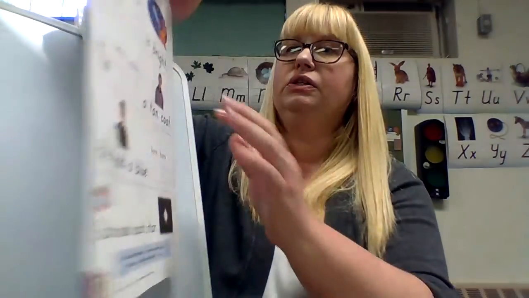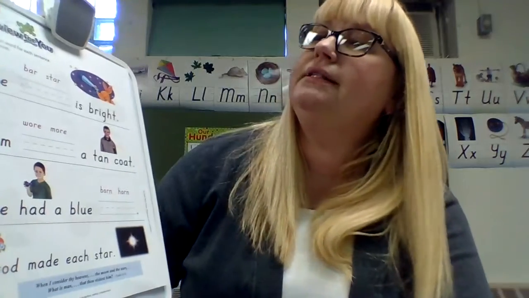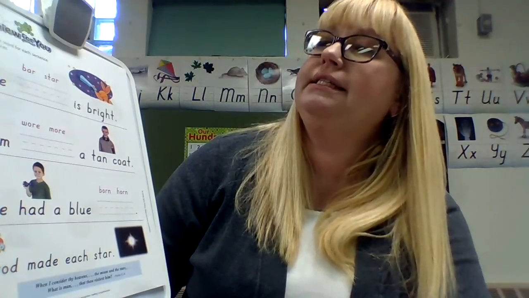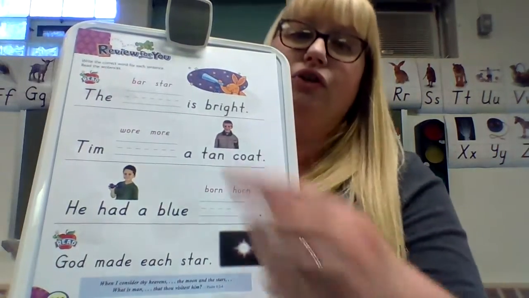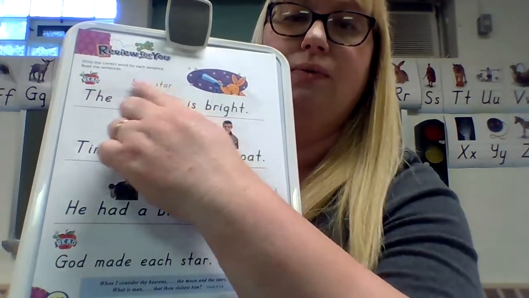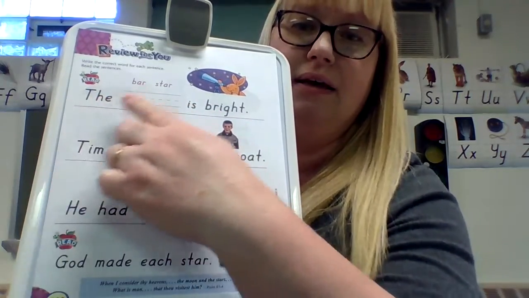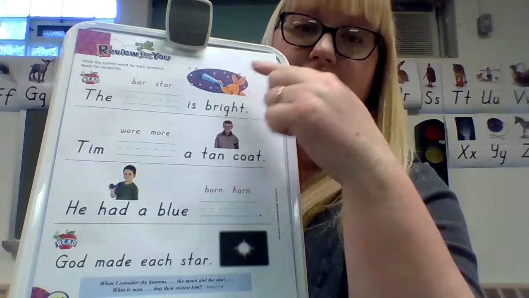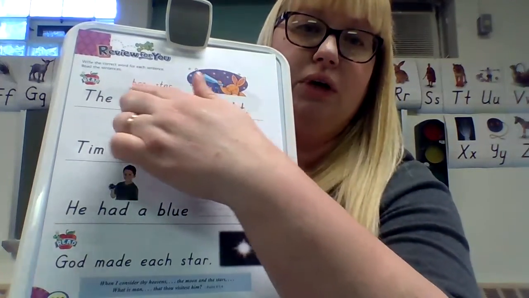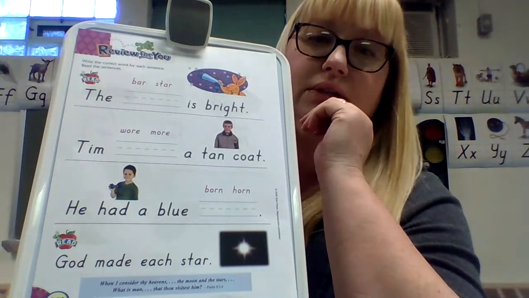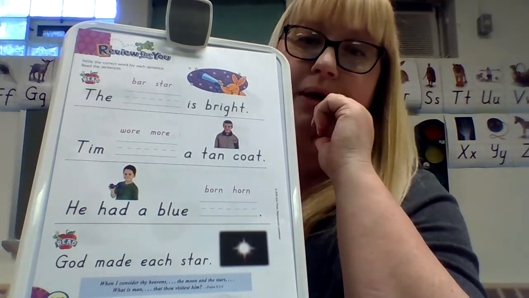All right, turn your page over. This next part says, write the correct word for each sentence. Read the sentence. Okay, you're choosing which one of these you want to put here. So you read this to yourself, look at your picture clues to figure out which word you should use, and you write the word that belongs there for that one.